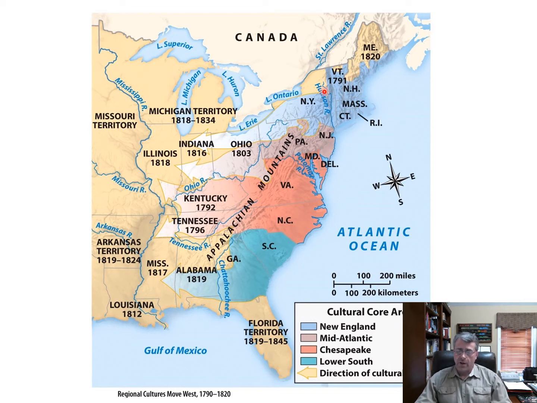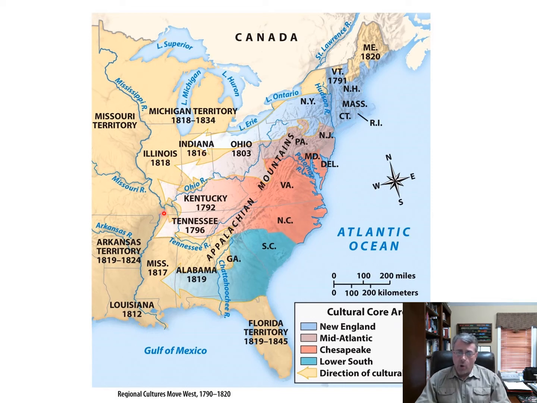To include things like the tight-knit sense of community, the small family farms, and education and independent government and all those sort of things that characterize New England will start showing up down here in the frontier as well.